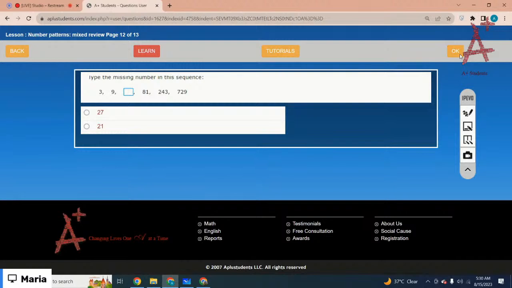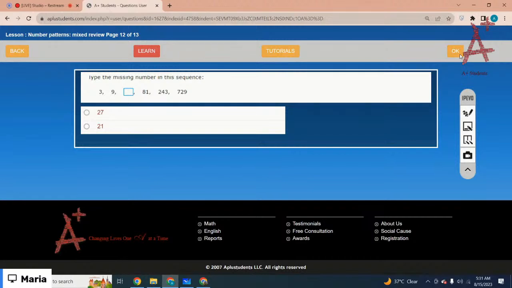Okay, type the missing number in the sequence. So which number is missing? Which is the correct option? For each next number, you're going to multiply the previous one by 3, right?